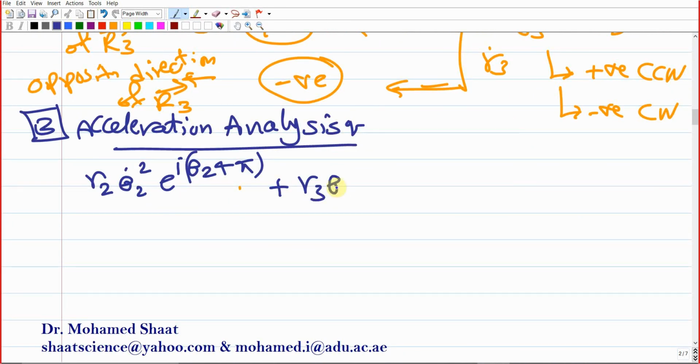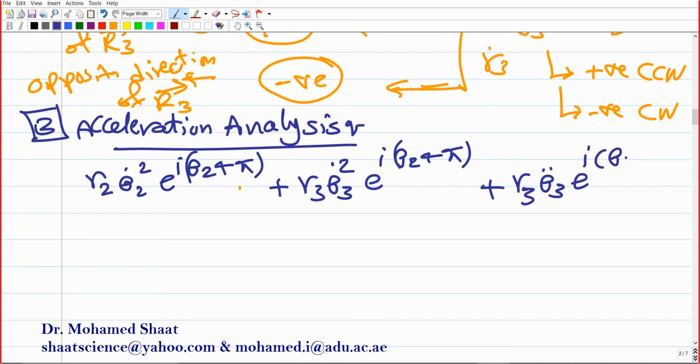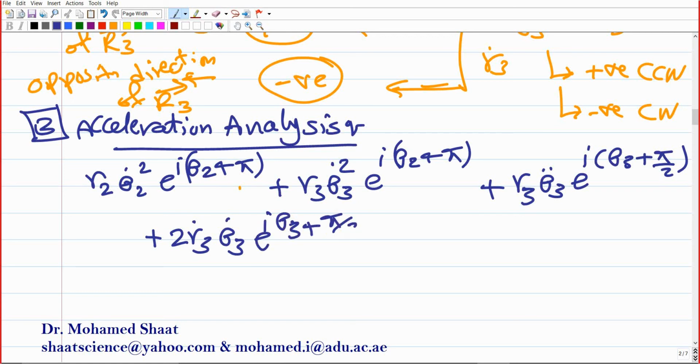We are going to have R3 theta 3 dot squared e to the i of theta 3 plus pi, plus R3 theta 3 double dot e to the i of theta 3 plus pi over 2, plus the 2 R3 dot theta 3 dot e to the i of theta 3 plus pi over 2.